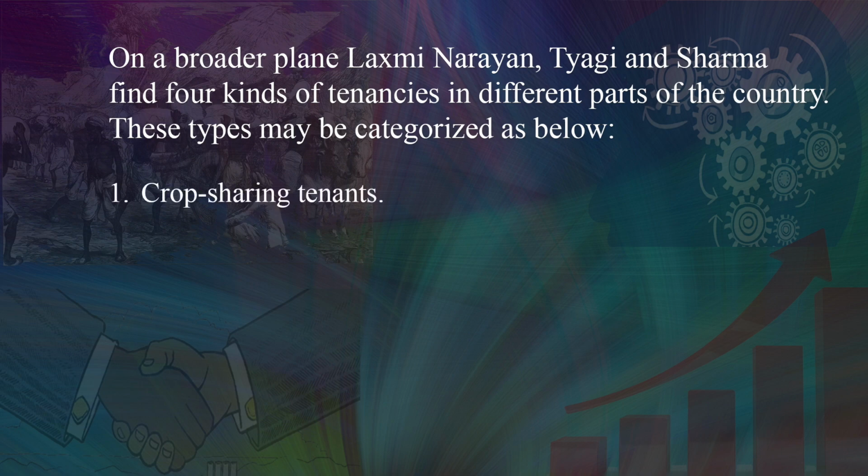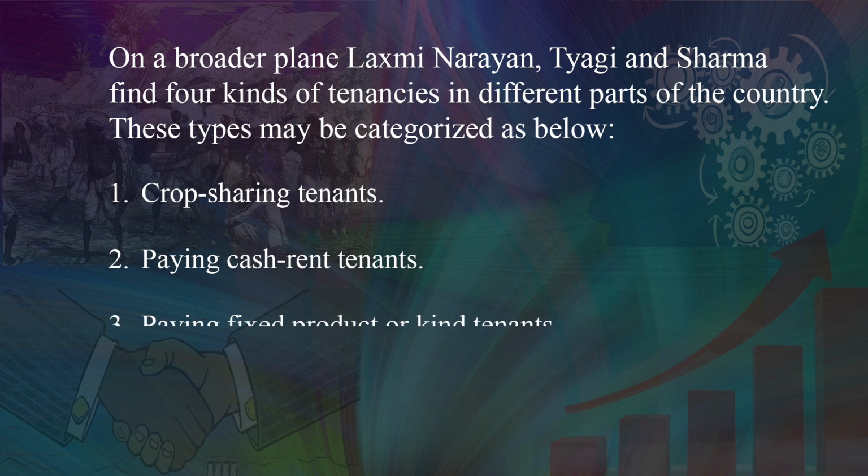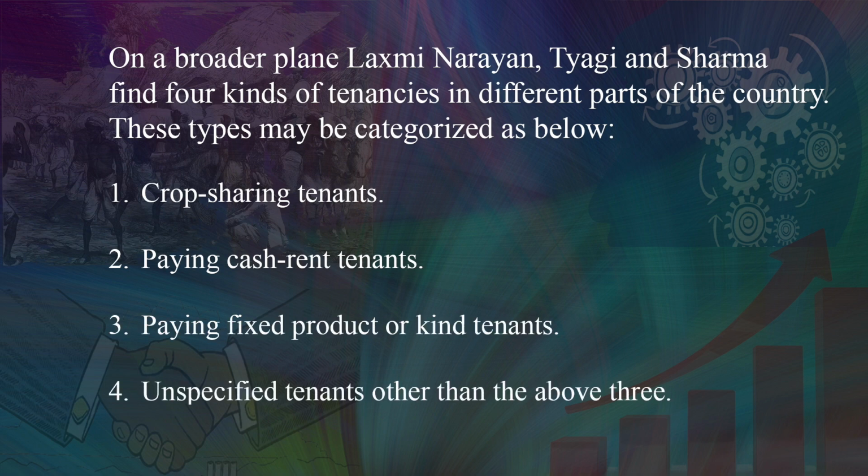Number 1, crop sharing tenants. Number 2, paying cash rent tenants. Third, paying fixed product or kind tenants. 4, unspecified tenants, and other than the above 3.